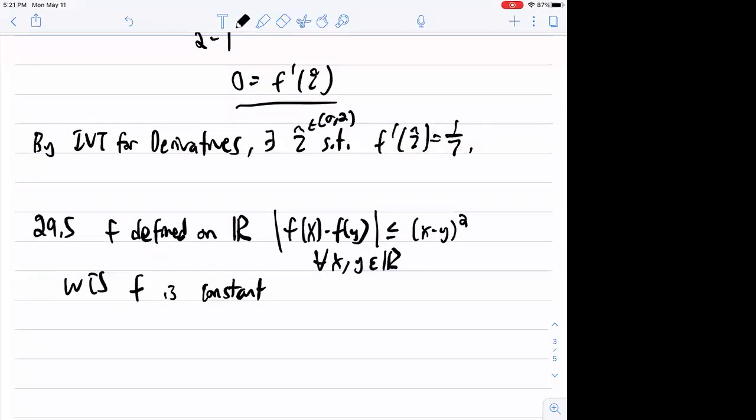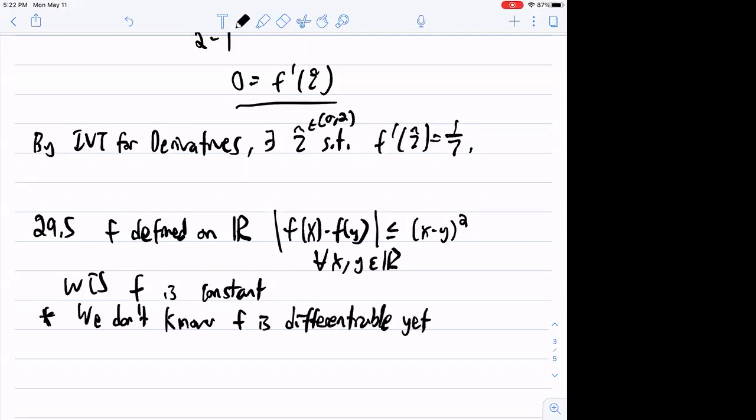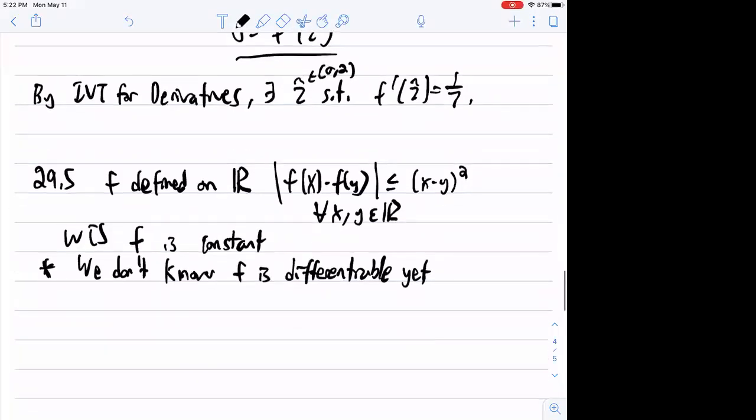So we basically have to show our derivative is 0. But a priori, we don't know f is differentiable yet. The problem never gave that to us, right? So we have to somehow use the top to get that it's differentiable and its derivative is 0.